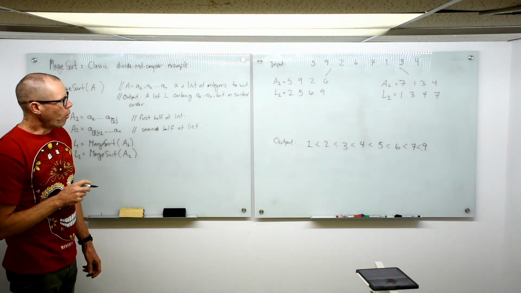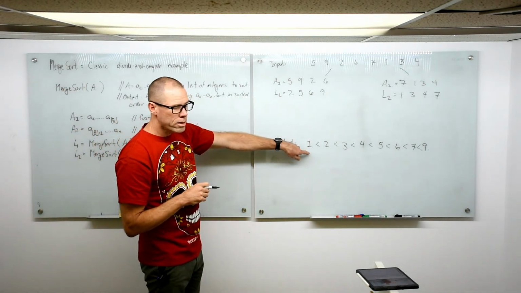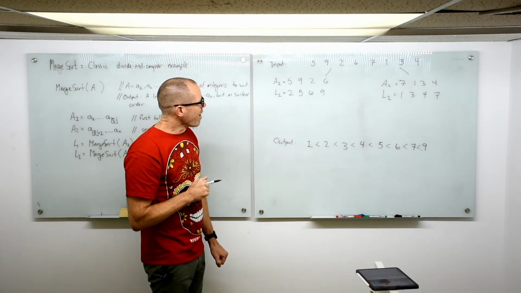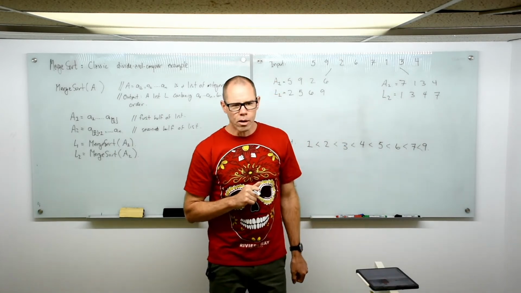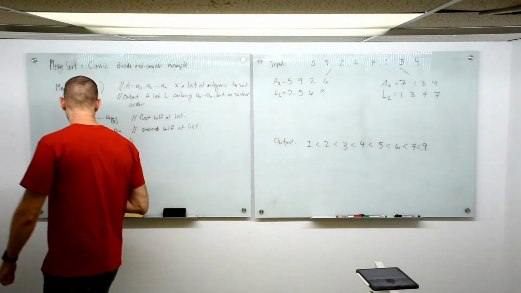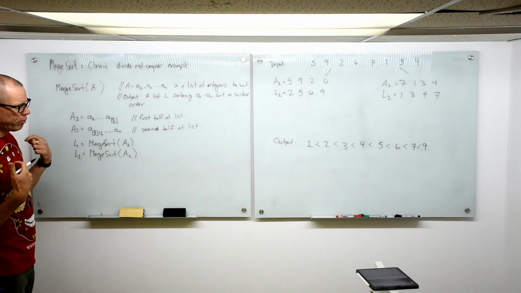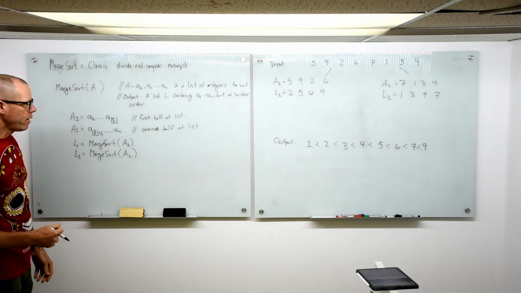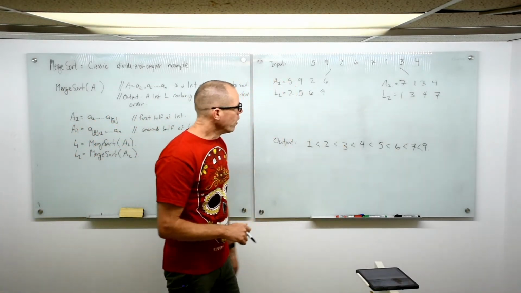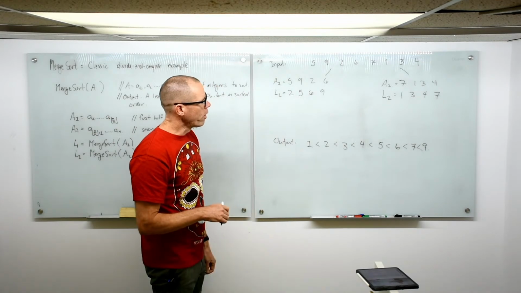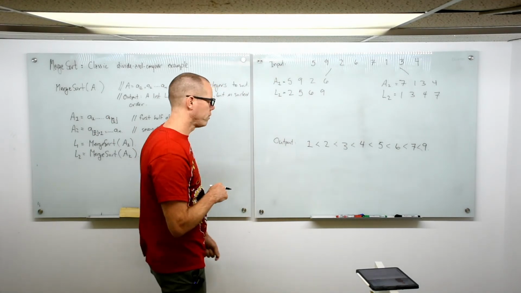And now we want one big list that looks like this, but we don't have that yet. We have this list and we have this list. So let's come up with a function that will take these two lists, each one sorted, and merge them so that we get one big long output list.